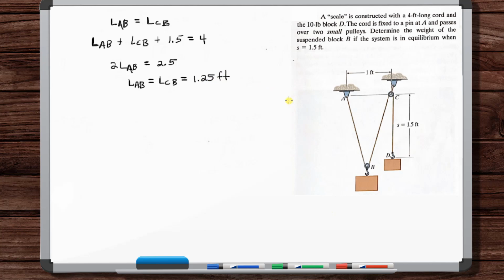Okay, so now what that allows us to do is solve for these angles. We know that they're the same. We can do that because we know that this is 0.5, right? So cosine of theta is equal to adjacent over the hypotenuse.